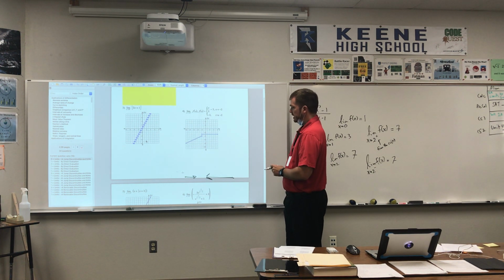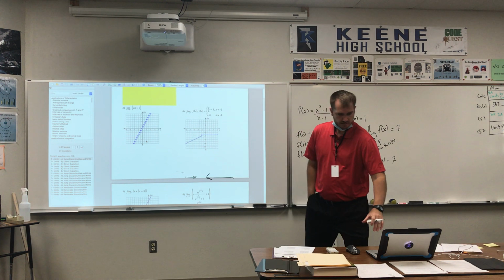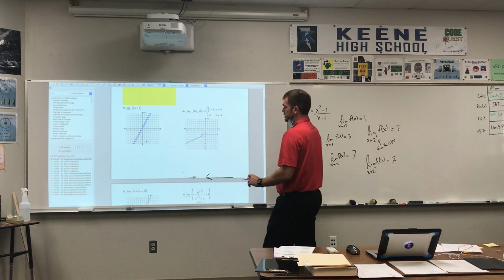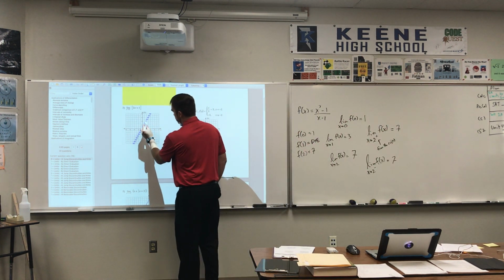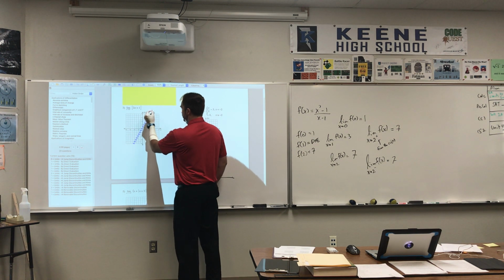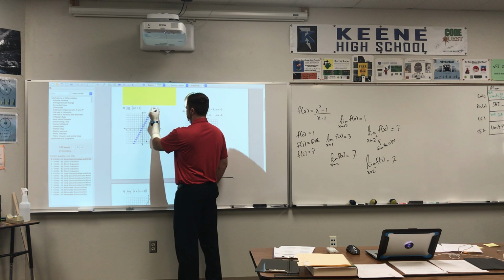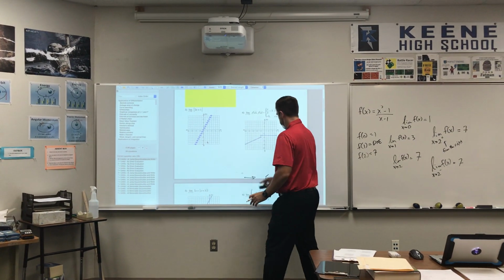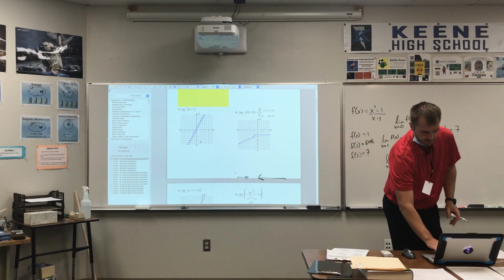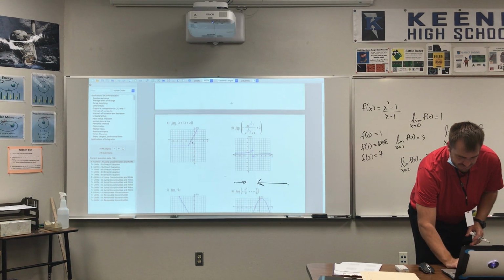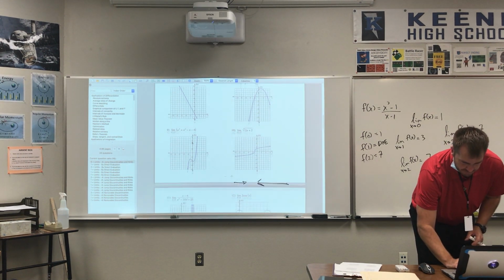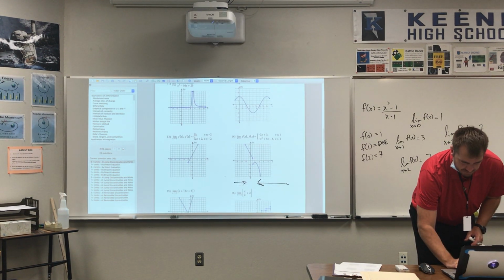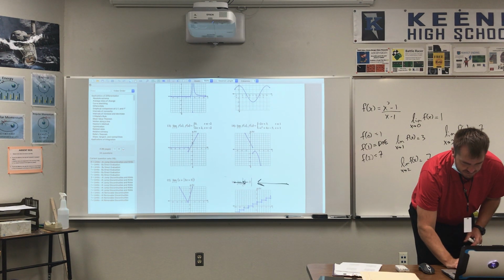Okay. Number 3 is kind of weird. What we've got here is, if we were to zoom in on that symbol right there. Maybe I shouldn't do this one. It's a weird graph, and let me pick something a little more straightforward here. Aha. Number 13.